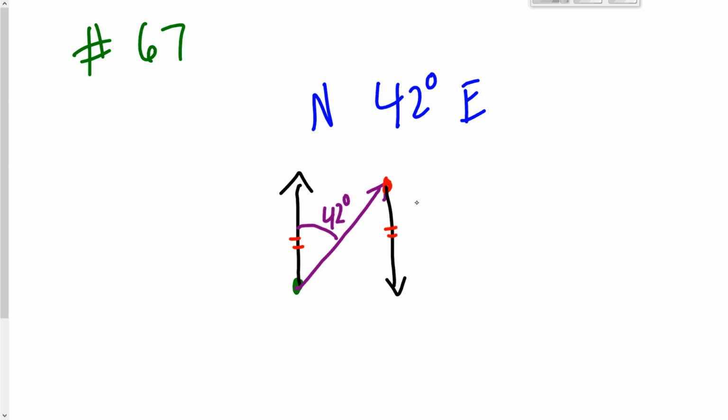So this one is south 48 degrees, because remember these two are going to have to add up to 90 because we want a right angle right here. That's why it has to open up to the east, as well as 48 degrees, because 42 and 48 is 90.